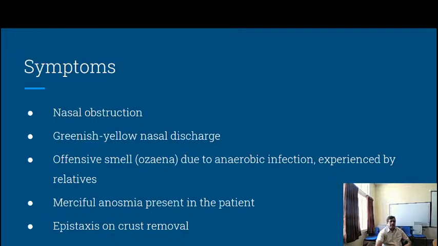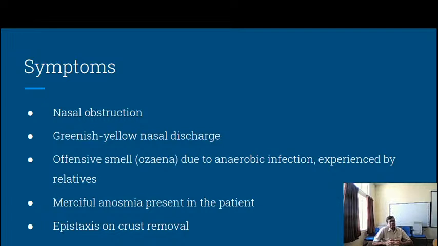Then the various symptoms with which the patients come to you. How do they come? They come with nasal obstruction. Various factors are involved in this.